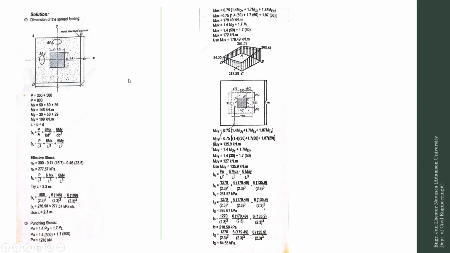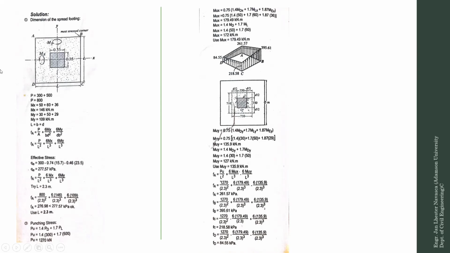Okay, so if you remember how to solve for the dimension of the spread footing, we need to equate the actual soil pressure to the Q sub E, or yung effective allowable soil bearing capacity. And we need to use unfactored load.